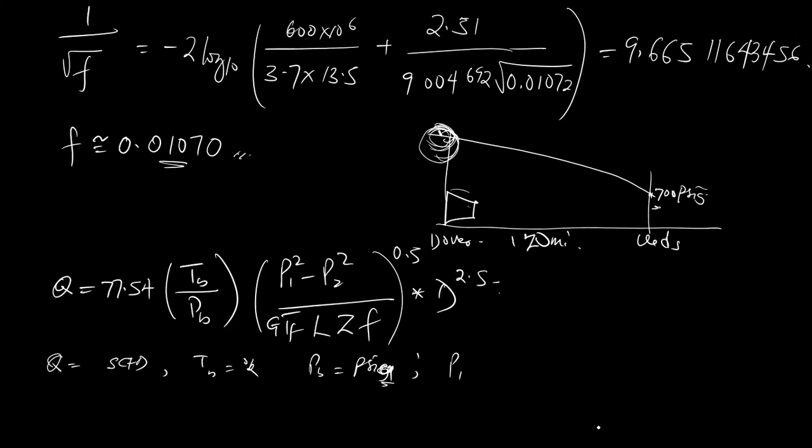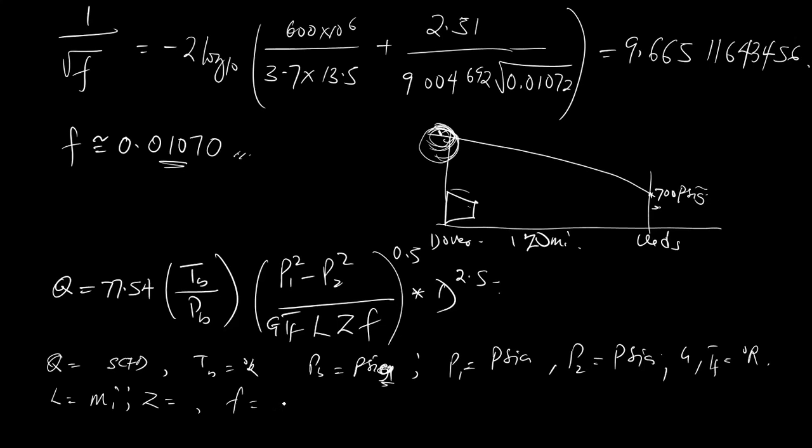The P1 is the upstream pressure in PSIA. The P2 is the downstream pressure in PSIA. We have the gas gravity dimensionless, the gas temperature in Rankine. The L is in miles, the Z is dimensionless, the F is dimensionless.